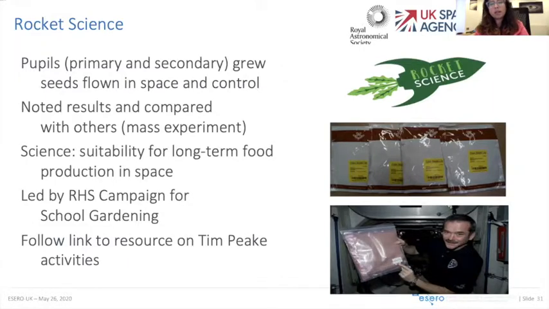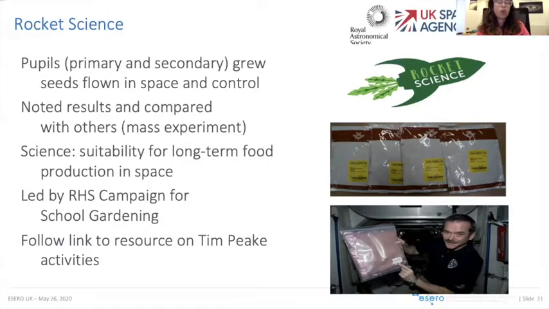So that side of the resource is done, but again, the resources are still there. It's led by the RHS Campaign for School Gardening.